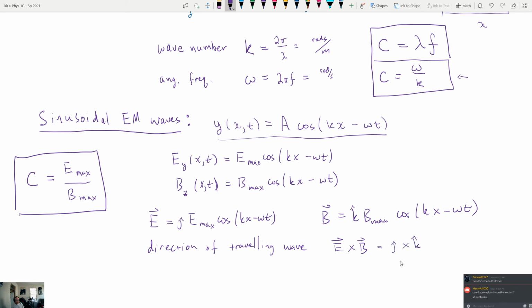Yeah, j cross k, which is the positive i hat direction. Okay, so these two equations represent a wave that's traveling in the positive x direction, right? What could I change for either of these if I wanted to make it travel in the negative x direction?